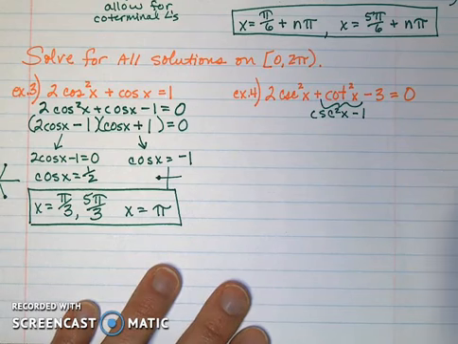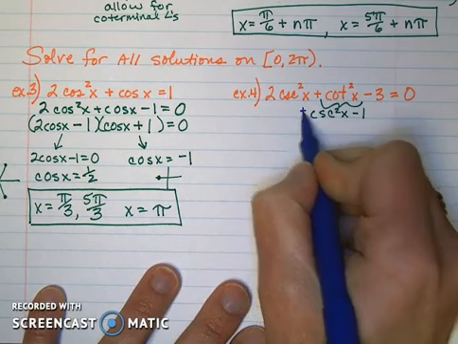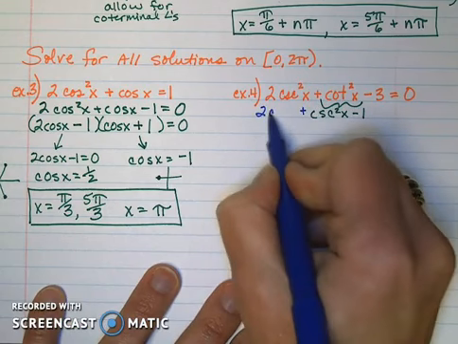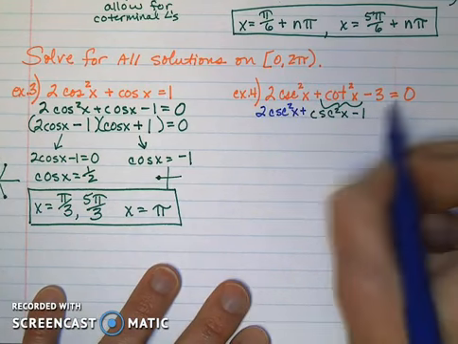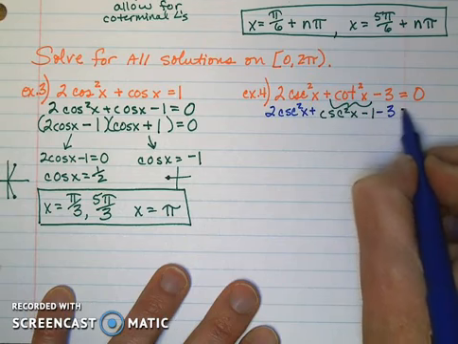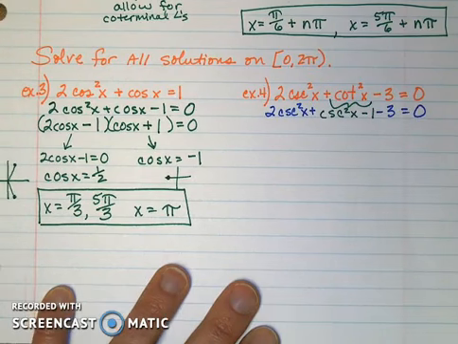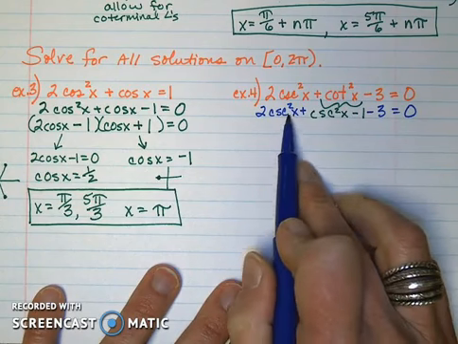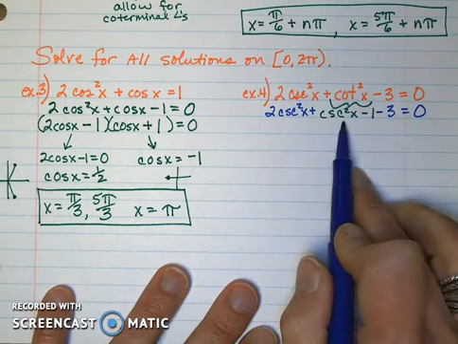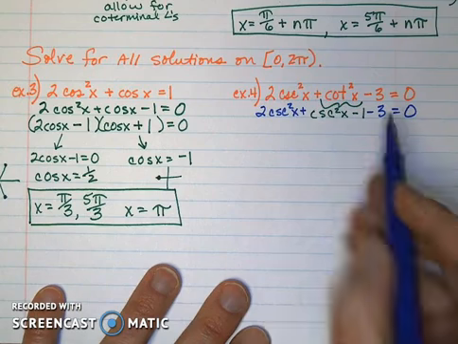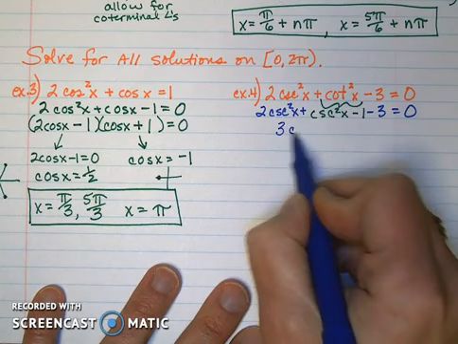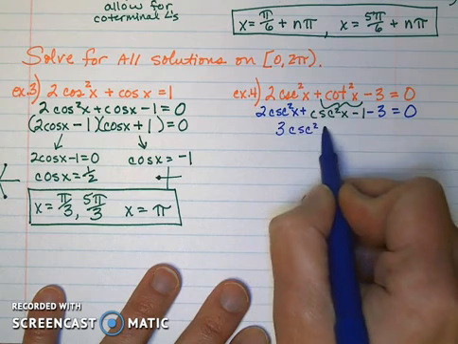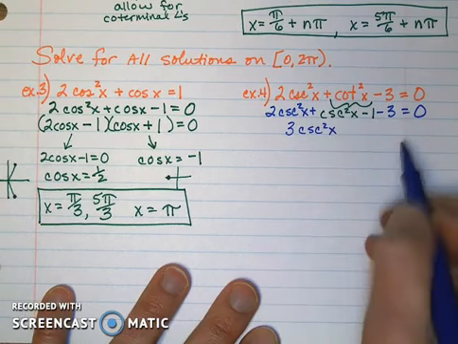And that would give me then 2 cosecant squared minus 3. And now I can combine like terms. If I have 2 cosecant squareds plus 1 cosecant squared, I have now 3 cosecant squareds. And negative 1 minus 3 is negative 4.